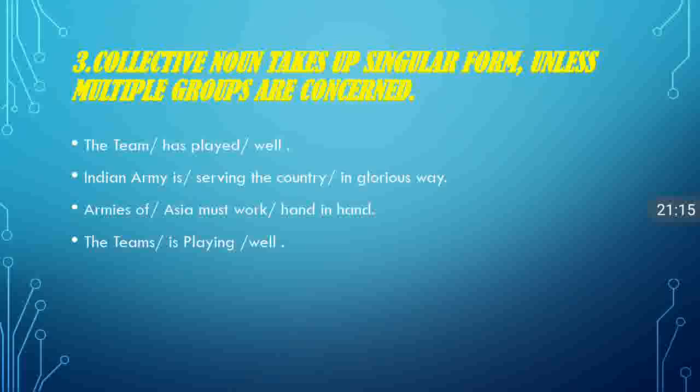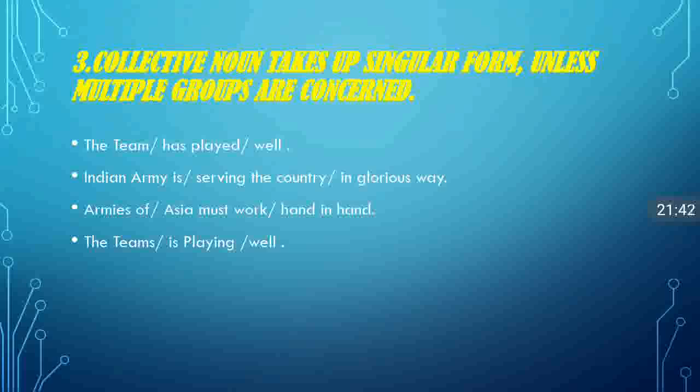We will see certain examples. The team has played well. So okay, talking about the singular team, has played well. That's right. Now because has is helping verb, that is according to the noun. So noun is team. Indian army is serving the country in glorious way. So Indian army, that is a collective noun, and it is taken as singular. Is, the helping verb used here is.